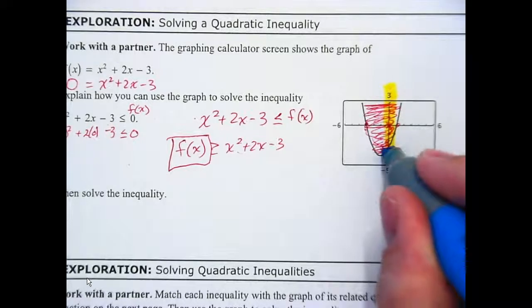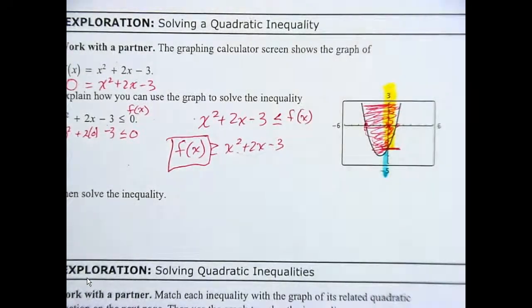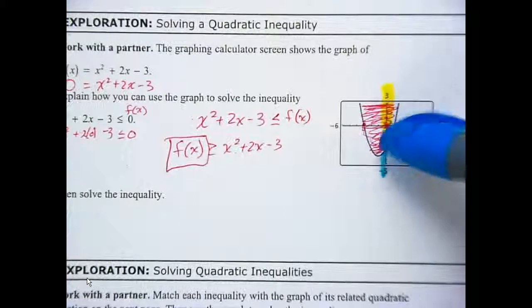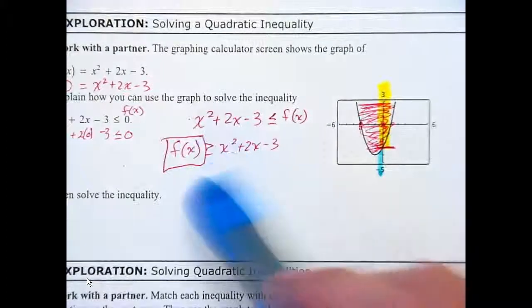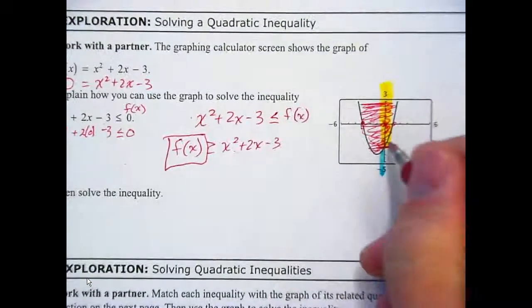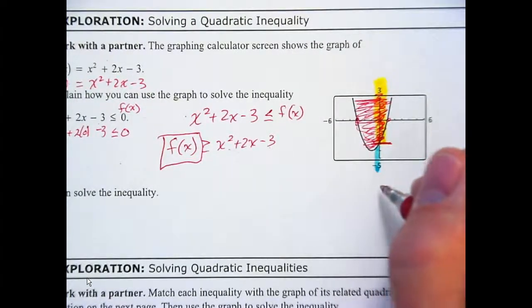All points on the y-axis above the y-intercept and below the y-intercept. Which points are greater, the ones below or above? Above. And that's what it says here, greater than or equal to. So I'm shading all the points on the y-axis above it. That makes sense?